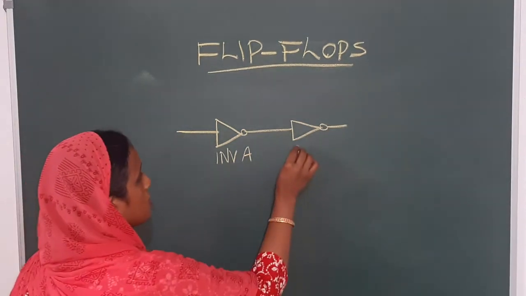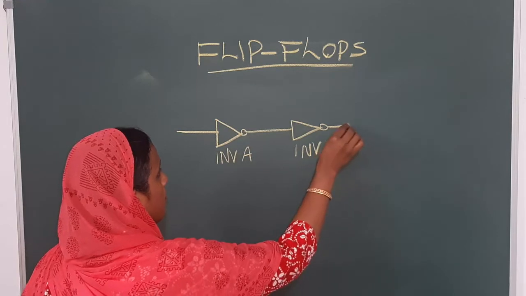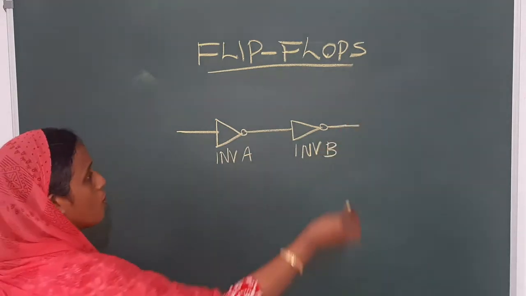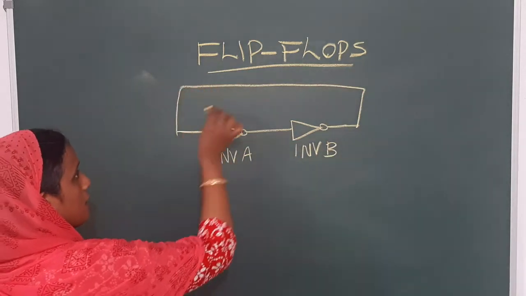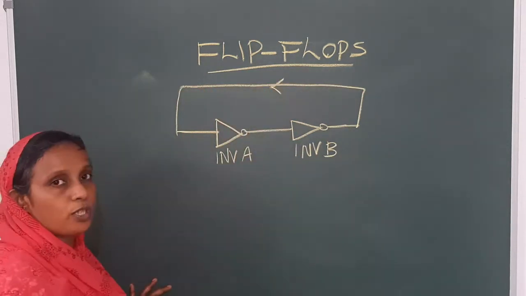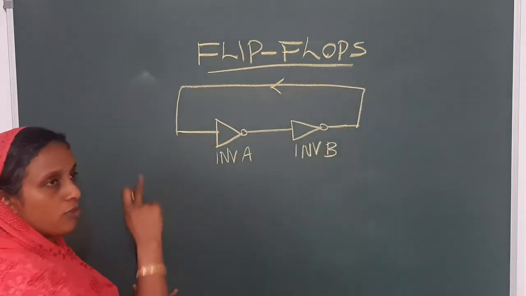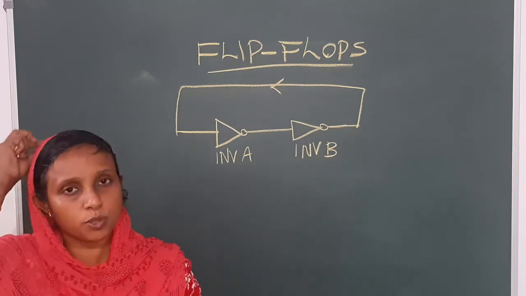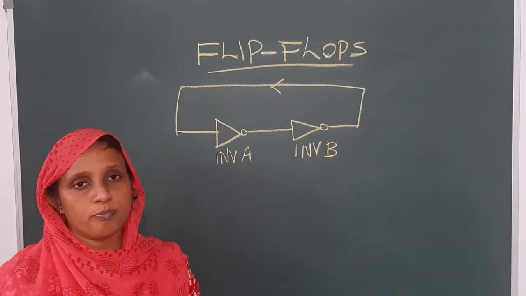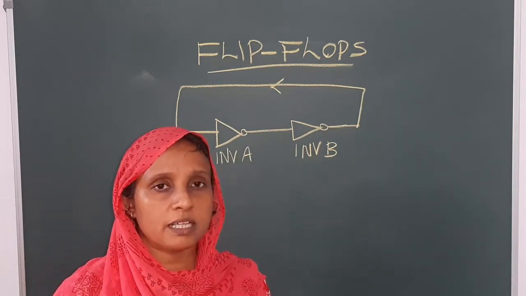We can call this one inverter B. Now there is a feedback like this. The output of inverter B is connected back to inverter A. This is a simple circuit of a flip-flop which can store the input as a binary bit.